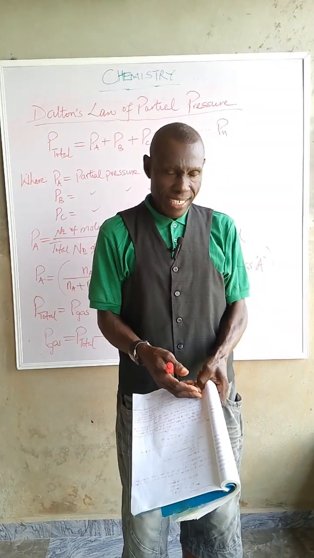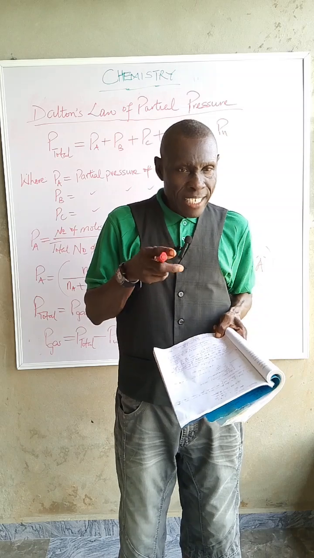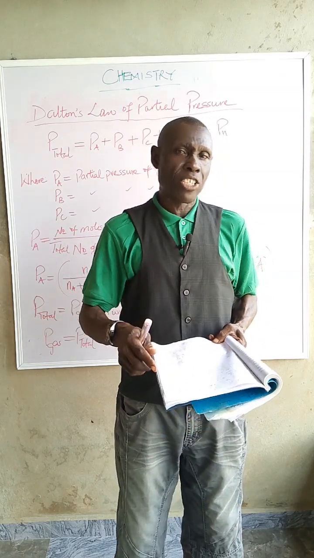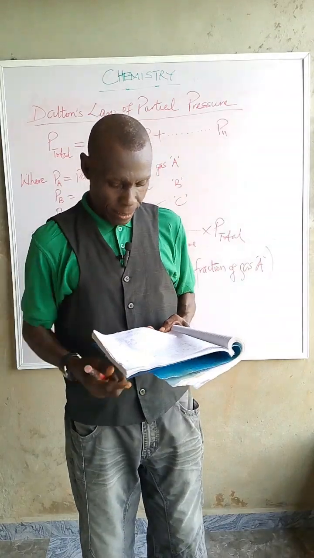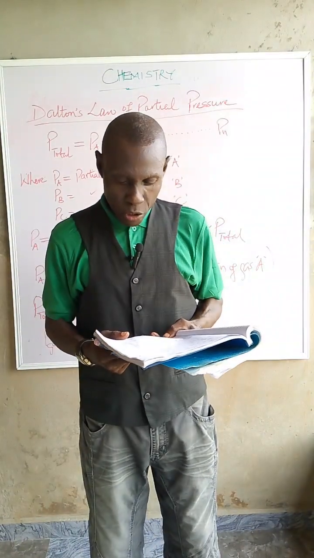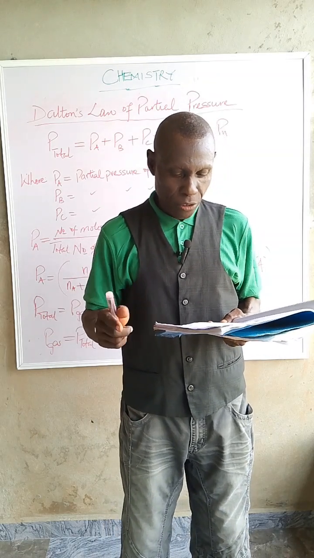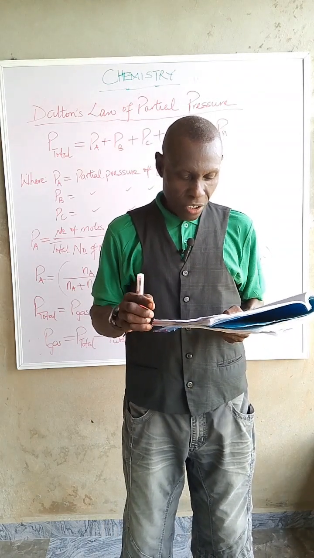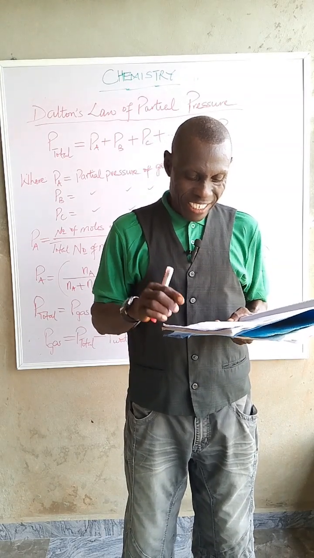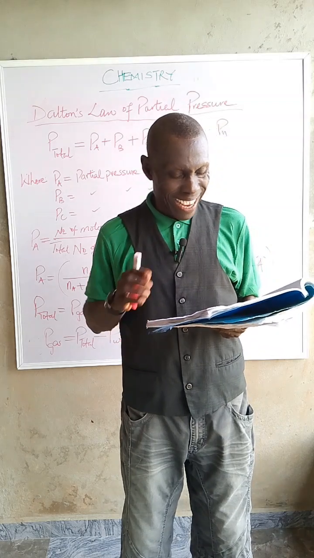So everybody is exerting on its own. The force that each one is exerting is called the partial pressure of that particular gas, and it is equal to the product of the mole fraction and the total pressure. This can be represented mathematically.